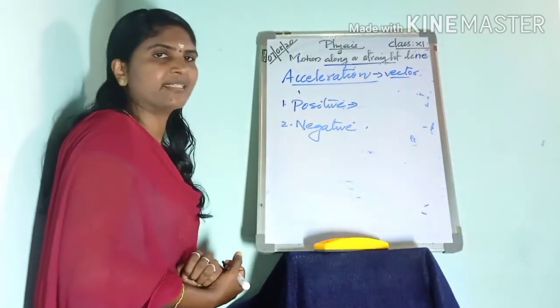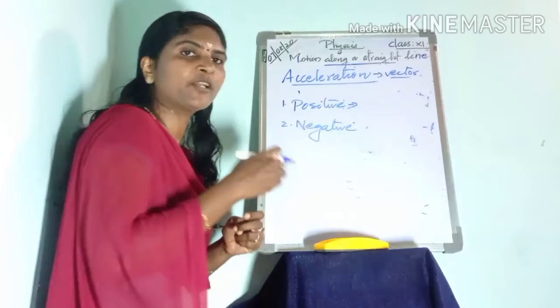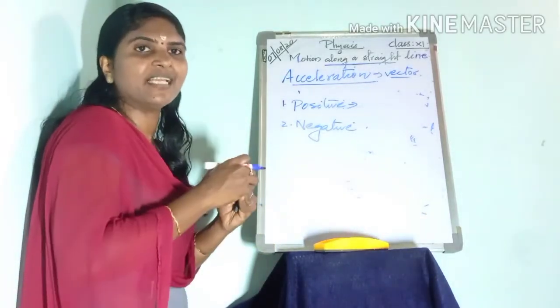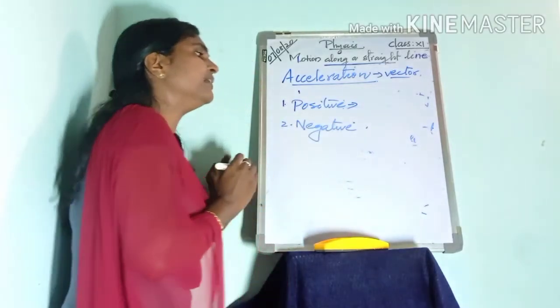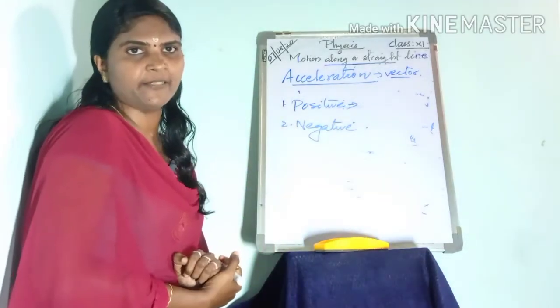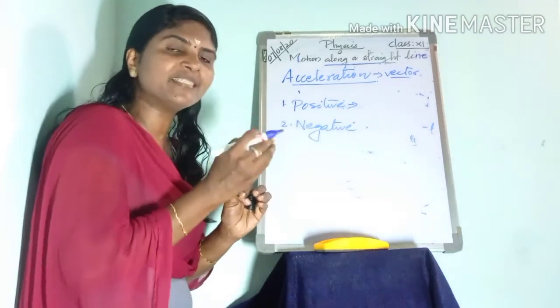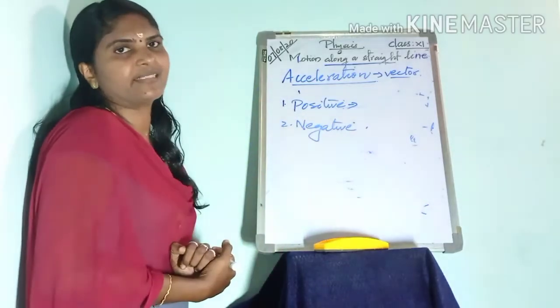Next comes negative acceleration. Suppose a bus or a train is going to stop, what happens to its speed or velocity? It goes on decreasing, and this acceleration is called negative acceleration. That is, if the velocity of an object decreases, then the acceleration is called negative acceleration.